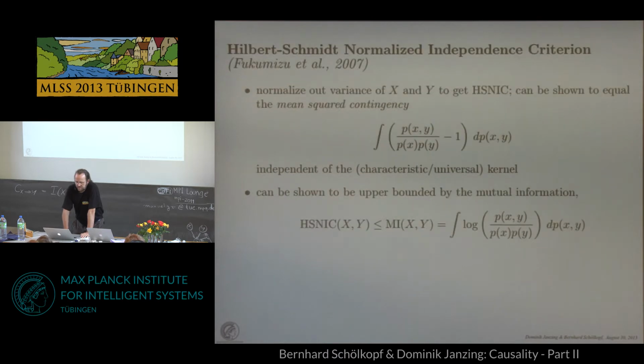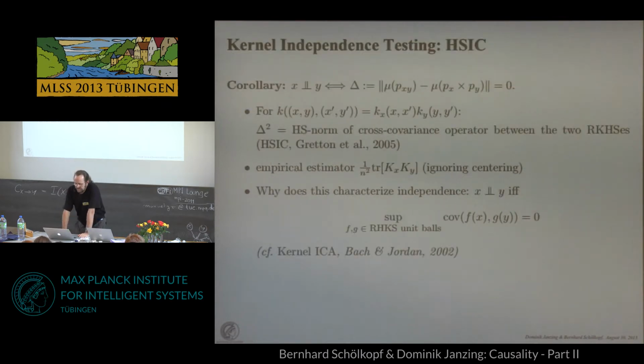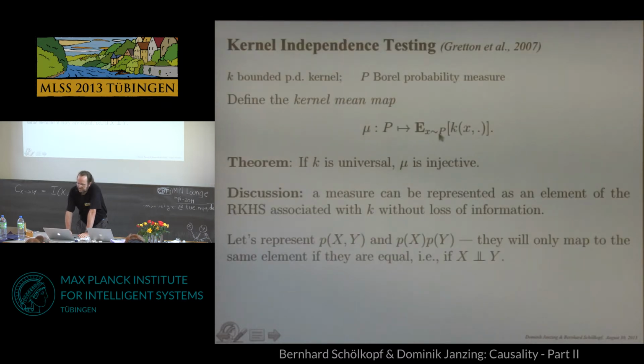Maybe I just briefly mention there's also a normalized version of this Hilbert-Schmidt independence criterion, the Hilbert-Schmidt normalized independence criterion, which has a particularly nice property that it can be shown to be equal to the mean squared contingency. So this criterion is defined in the population sense, in terms of expectations, since this mapping is really taking the expectation with respect to the probability measure.